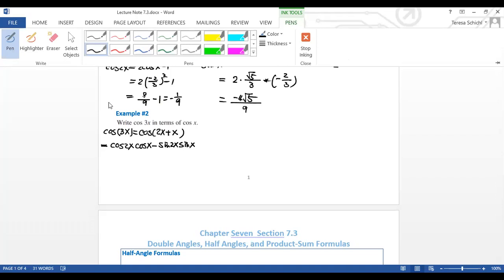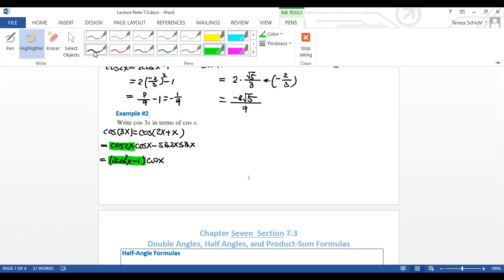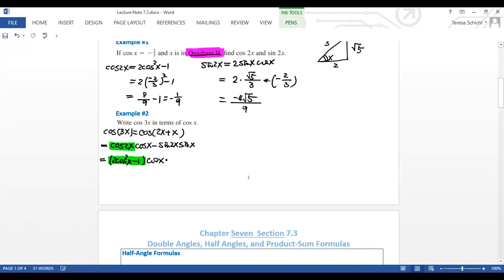So now this is my trouble term, the cosine 2x, and I need to change that. But I know the double angle, so I can say this will be 2 cosine squared x minus 1. Then this is cosine x. So now I changed this term all to cosine. That's good.